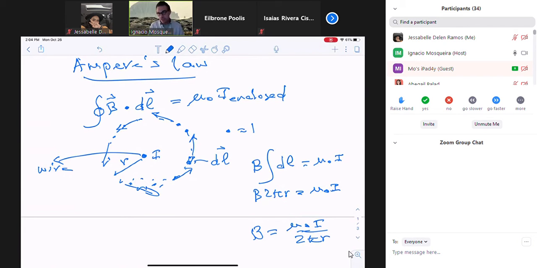That only happens if the wire is infinite. If the wire is not infinite, then the dot product would not equal 1, and it would depend where you are along the wire. But since the wire is infinite, it doesn't matter where you are, it's the same in both directions. It doesn't matter which location you choose to calculate the field.